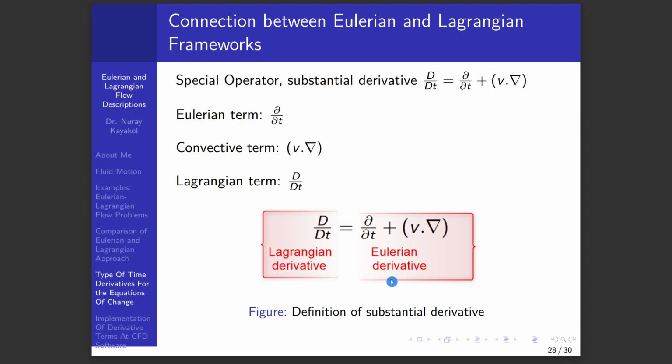The right hand side is called the Eulerian derivative because del phi over del t is the Eulerian way of expressing the variable, because position is fixed. Only a transient term is defined because it's a time partial derivative.